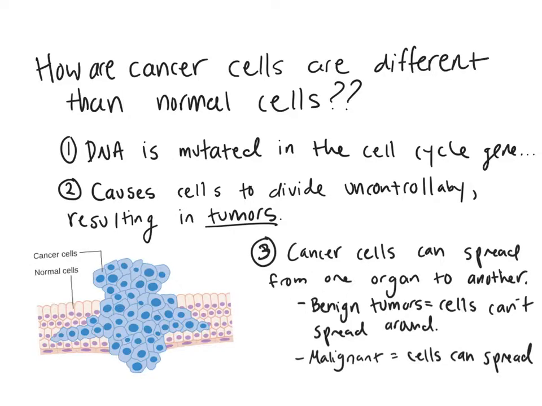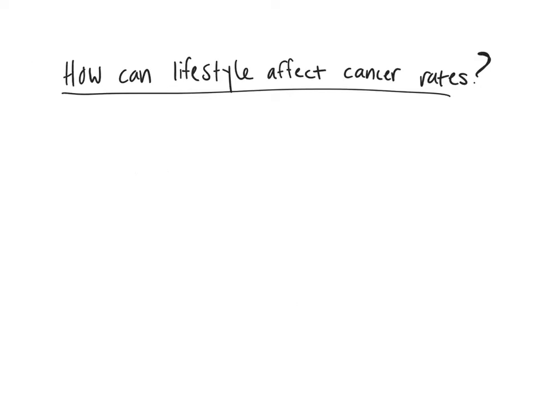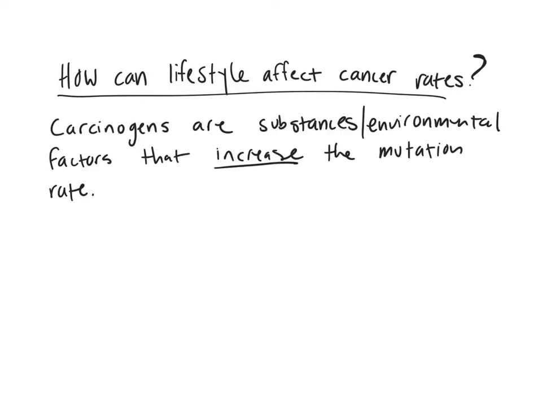But the real question, especially in this class, is what can you do to prevent getting cancer, and what lifestyle choices can actually increase your odds of getting cancer? Substances that can actually increase the rate of mutations that your cells experience have a name, and they're called carcinogens. These substances can take many forms.